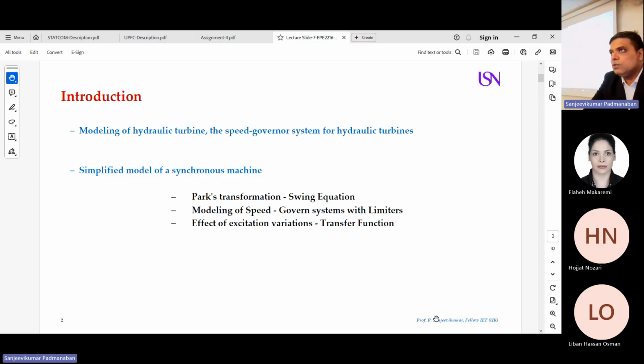I believe you know the meaning of excitation. In a synchronous machine, you have an armature winding and a field winding. What is an armature winding? The armature winding is the rotating part of your machine. And the field winding is an electromagnet, where you create an electromagnet by using a DC power supply. You increase the excitation, decrease the excitation. If you increase the excitation, your voltage will build up.